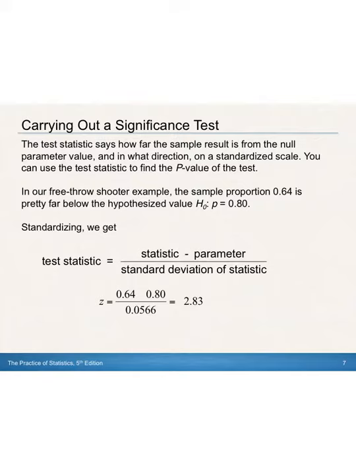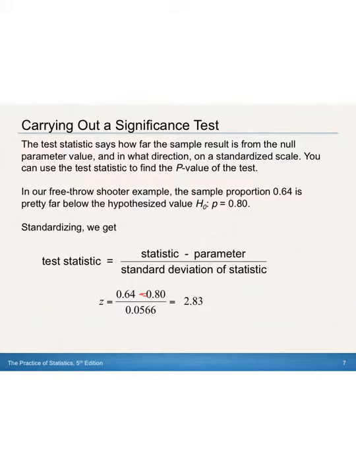And so in this case, our z-score, our test statistic, takes the statistic, in this case the 0.64 that came from the one sample, and I don't have a stylus, so if this comes out goofy, that's supposed to be subtraction there. So 0.64 minus the parameter, which is 0.8, divided by the standard deviation we calculated, which was 0.0566.